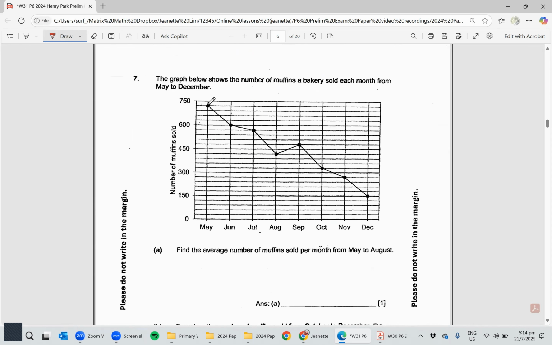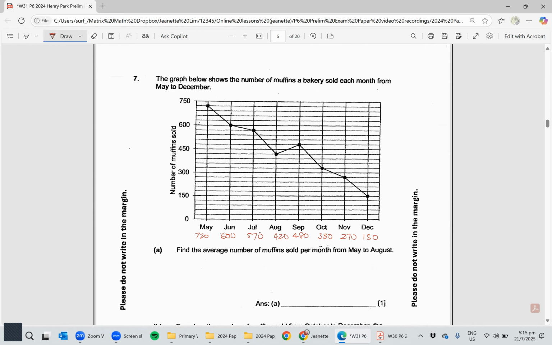So for May, this would be 750 minus 30. For June, it's 600. July, 600 minus 30, 570. August, 420. September, 480. Then 330, 270, 150.